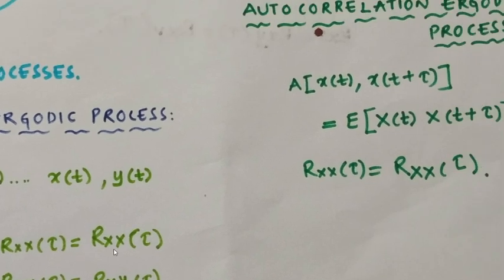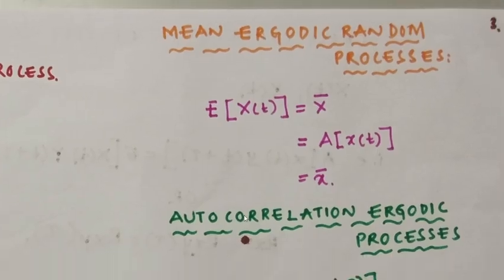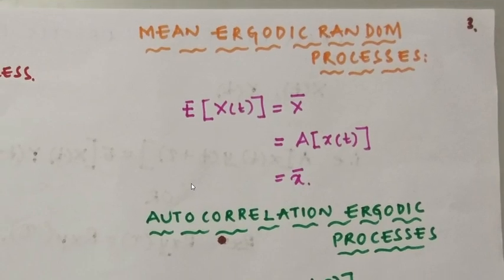Next one is about the mean ergodic random process, which we already discussed.